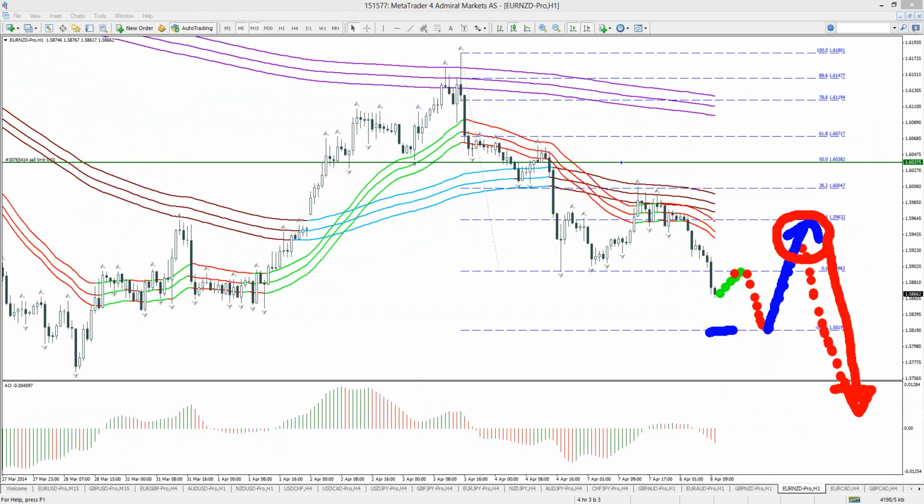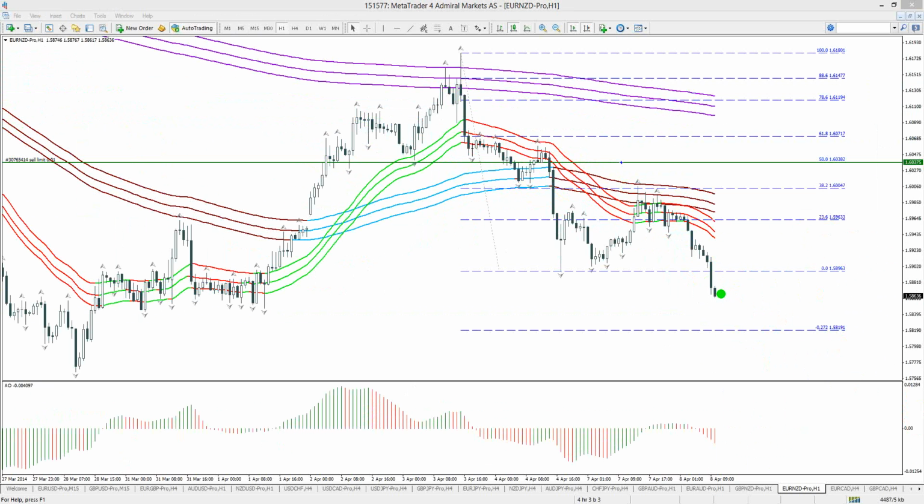However, if you take it here or here, you can basically allow yourself to live through that pullback in some cases and get the next follow through. In some cases not, it depends. Depending on how big this pullback is, if we do get a fractal here, then I would move the trail stop loss.